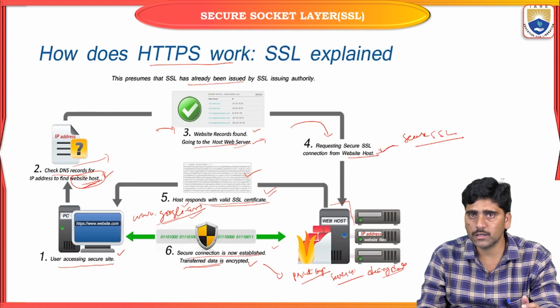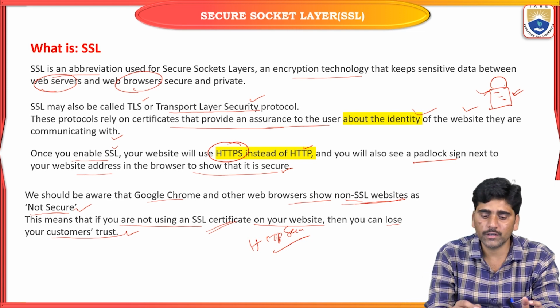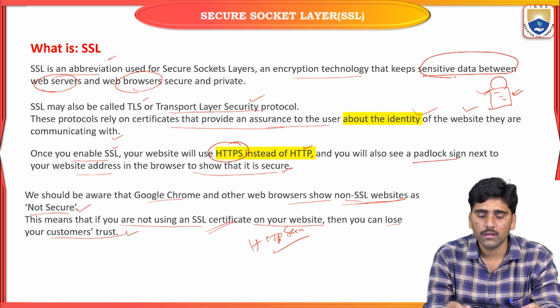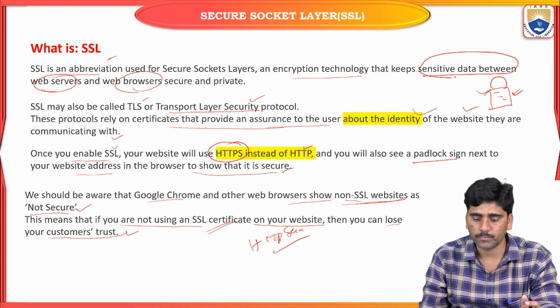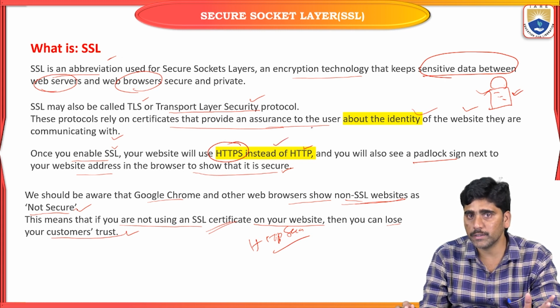So in this session, we will revise the topics we discussed. Here we discussed what is meant by SSL, which is an encryption technology that keeps sensitive data safe between a web server and a web browser. Here we can see the symbol as HTTPS instead of HTTP.